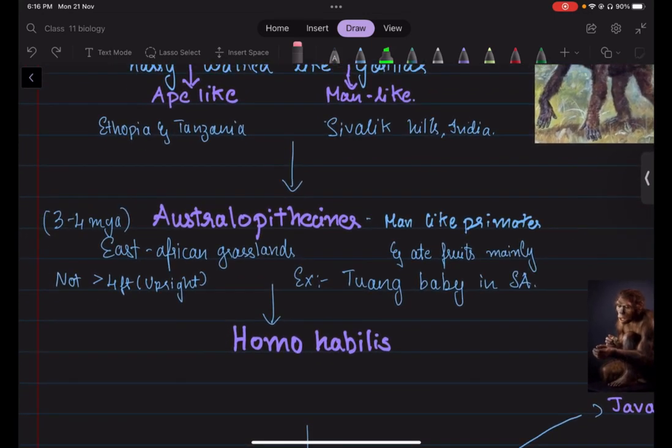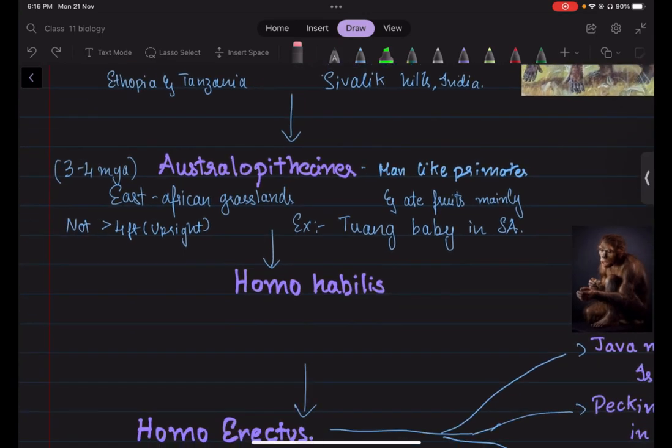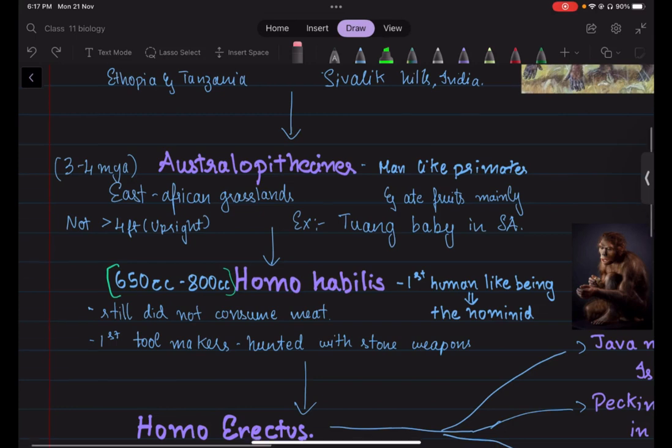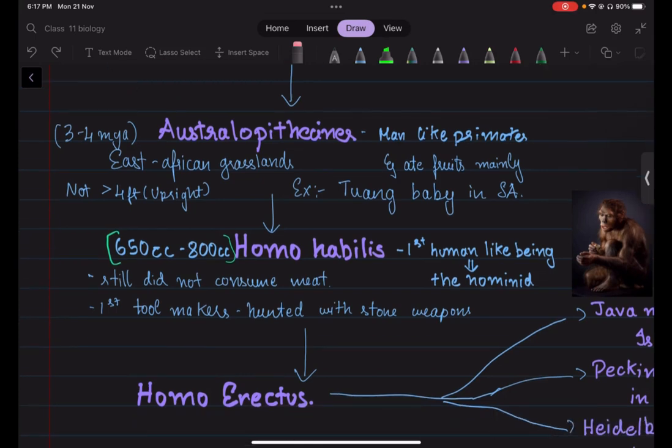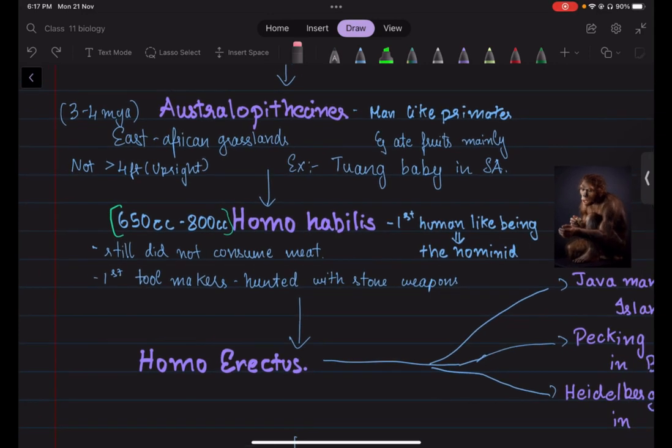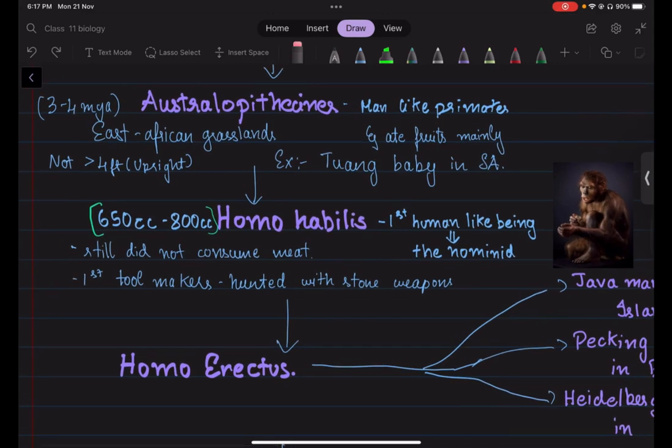From Australopithecus, we have our next hominid, the first human-like being, the Homo habilis, which had a cranial capacity of 650 to 800 cc, and these were said to be the first tool makers in the history of the evolution of man.